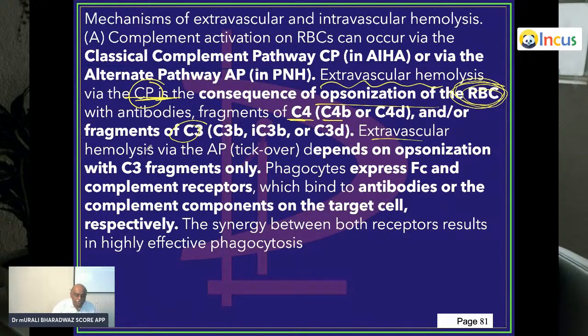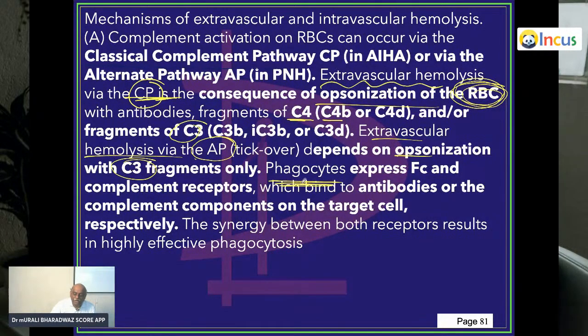Then extravascular hemolysis depends on the alternate complement pathway and opsonization with C3 only, whereas intravascular requires C3 and C4.